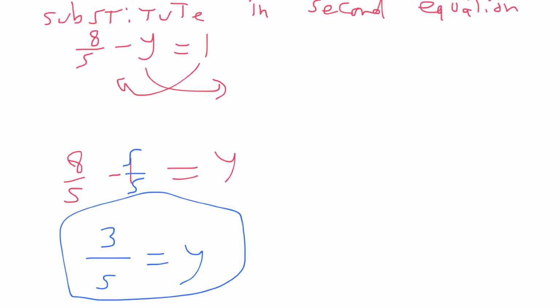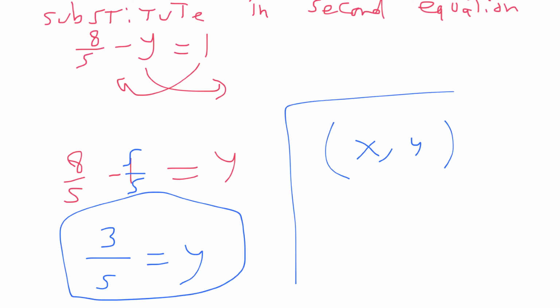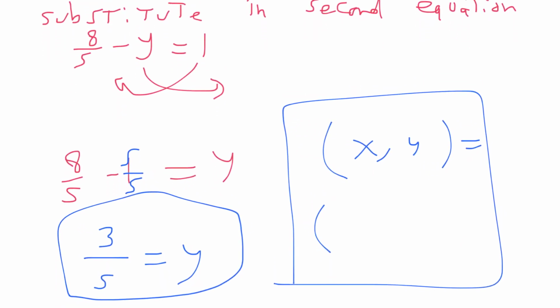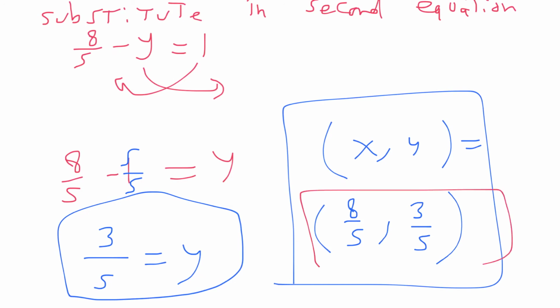So that's x and that's y. The solution that we're looking for, remember, is an x and y solution. The point that we're looking for: the value of x was 8 over 5, so I'm going to write here 8 over 5, and the y is 3 over 5. That's it. This is my solution, the common solution.